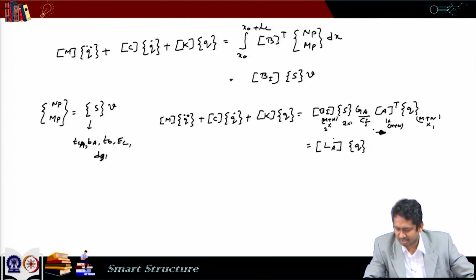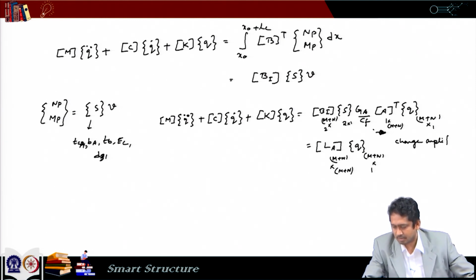So, finally, this comes to be M plus N over M plus N, and this we know it is M plus N over 1. Now, this is charge amplifier mode.